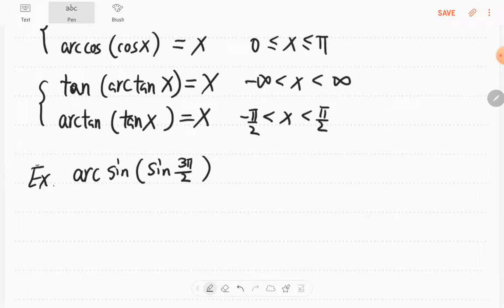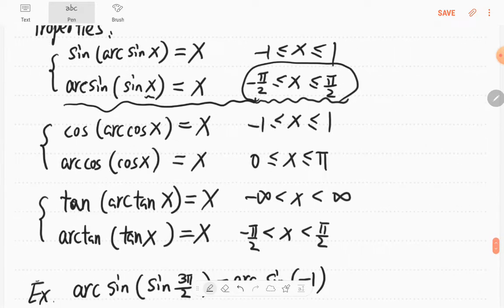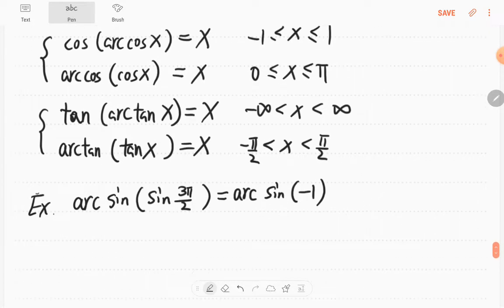So the idea is, let's calculate this one first. Arc sine of negative 1. This represents the angle whose sine value equals negative 1, but between negative pi over 2 and pi over 2. So this one must be equal to negative pi over 2. So you can see it's not 3pi/2, right?